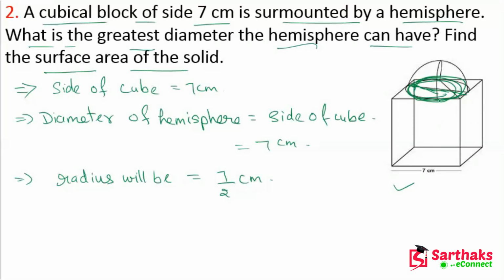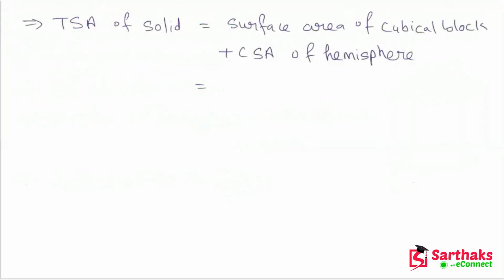And when we write the CSA of the hemisphere, this is not included; only the curved part is included. So we have to remove this circular part from the area of the cubical block. So now we have to subtract one more formula: the area of the base of the hemisphere. So this will become what?